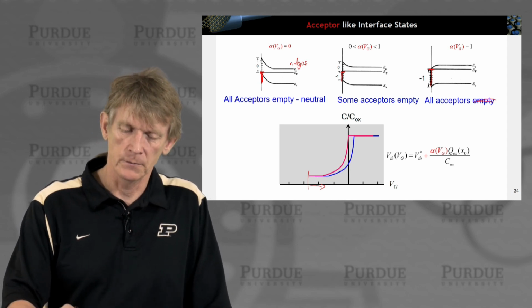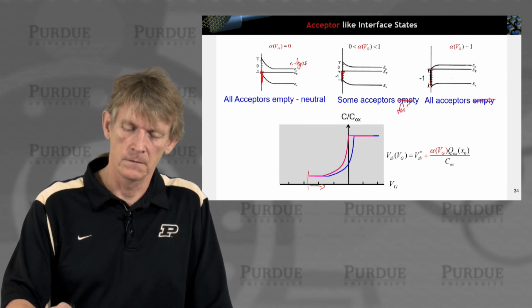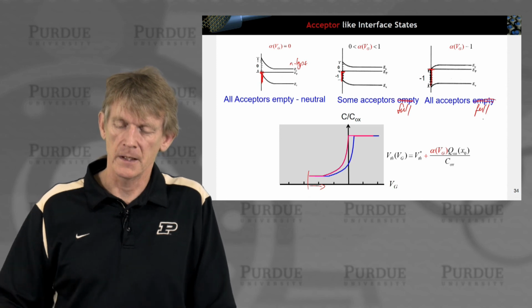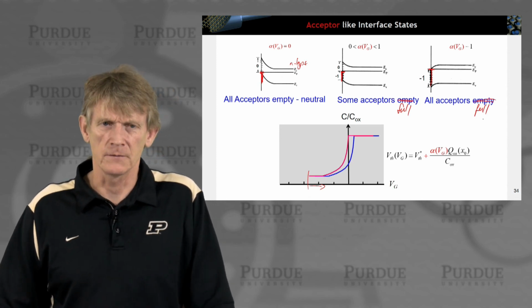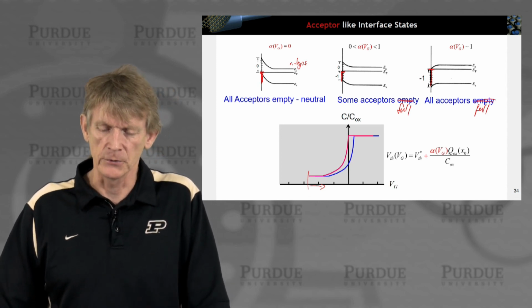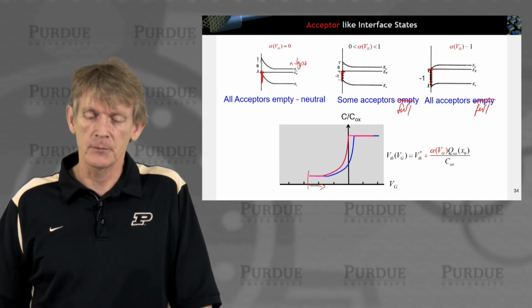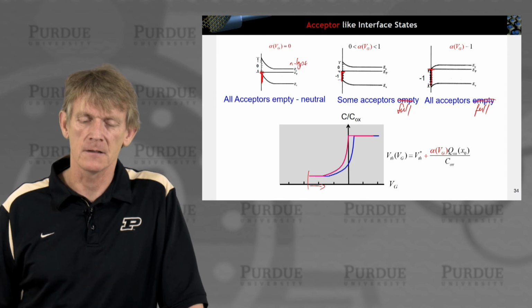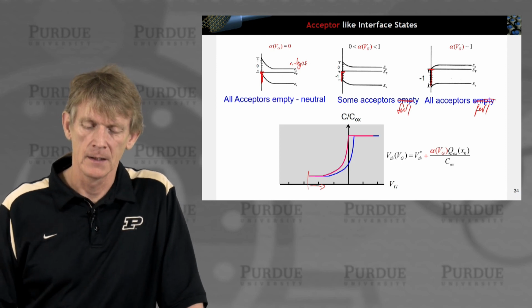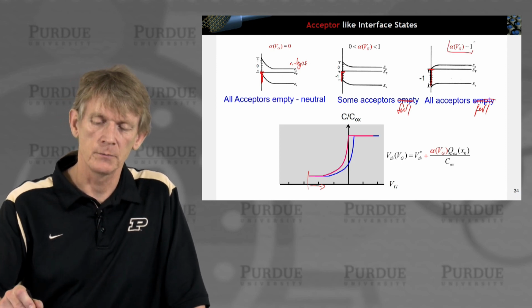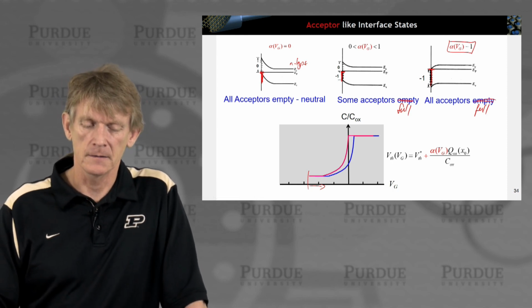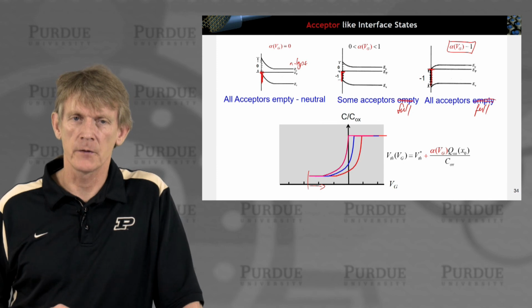That's what confused me, right? They're full. They're full. Okay. No wonder I was confused. I presume you might be confused. Okay, so all acceptors have accepted an electron. It's now negatively charged. That's this -1 here. And this alpha term should become roughly 1. Again, the curve shifts all the further.